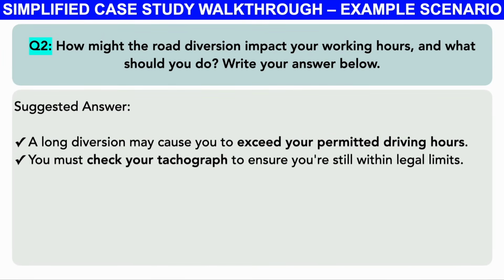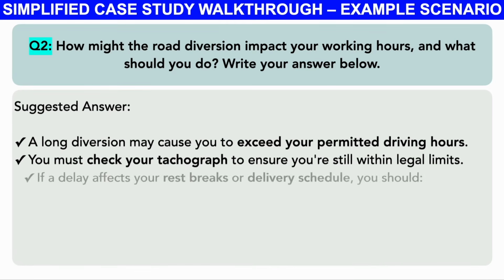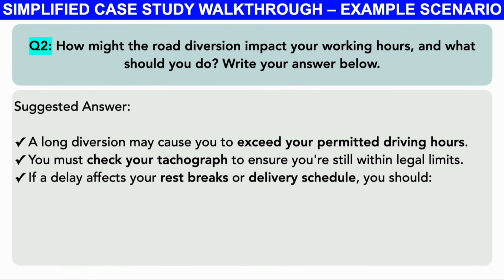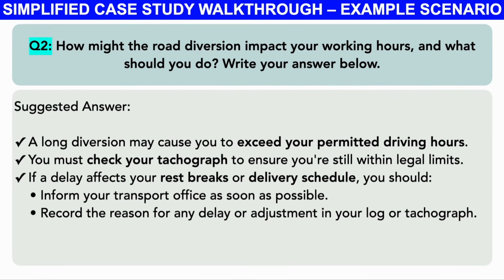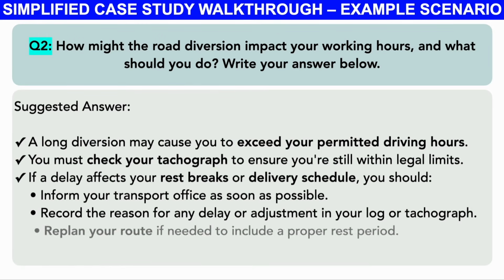You must check your tachograph to ensure you're still within legal limits. If a delay affects your rest breaks or delivery schedule, you should inform your transport office as soon as possible. Record the reason for any delay or adjustment in your log or tachograph, and replan your route if needed to include a proper rest period.